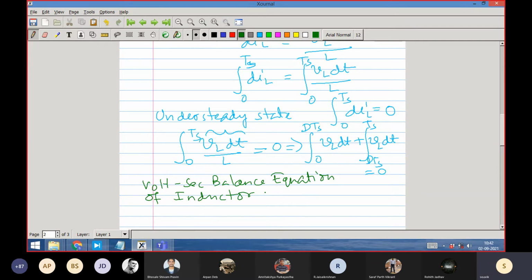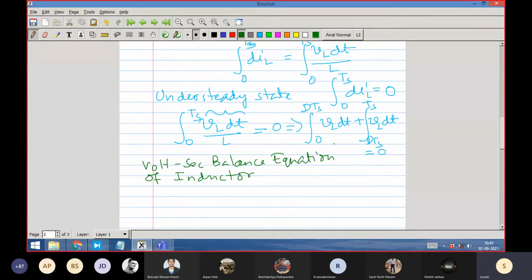Steady state implies there has to be volt second balance across the inductor, and by applying that condition, writing VL in terms of other circuit voltages, the relationship between those voltages will be found. This is called volt second balance. You understand why volt second: voltage into time. So let us do this integration now.